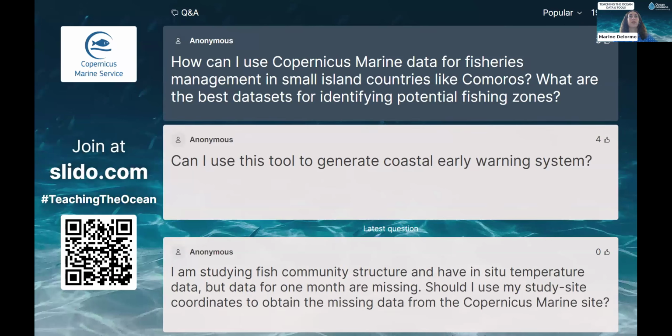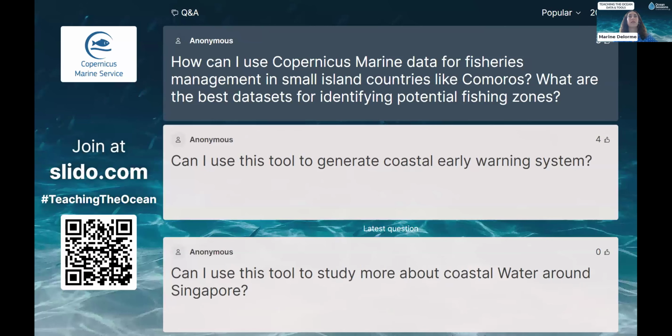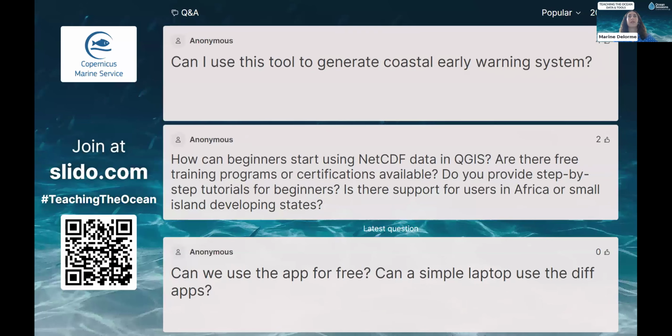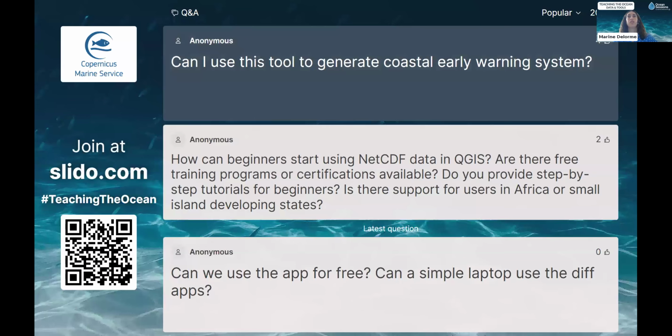Okay, thank you. Next question, please. Can I use this tool to generate a coastal early warning system? So I guess the answer would be a bit similar to what we just answered before, really depending on what you're trying to do.